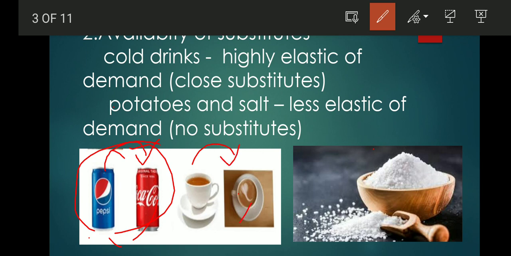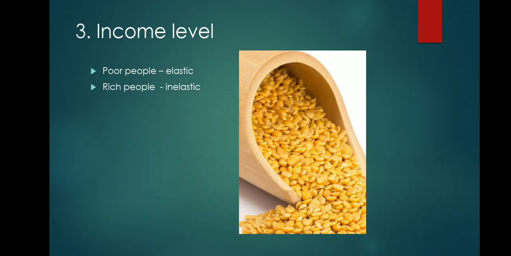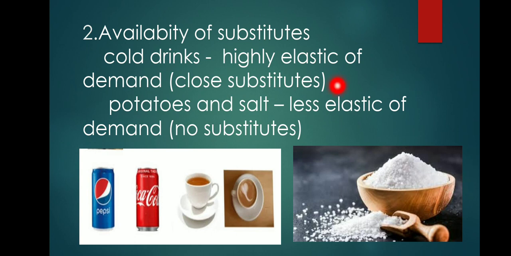and vice versa. But in the case of no substitute, for example potatoes, you can find other veggies, but you cannot find a perfect substitute for potato or salt. So in that case there will be less elasticity of demand, because we can't find any substitute for salt, so there will be no change in demand.